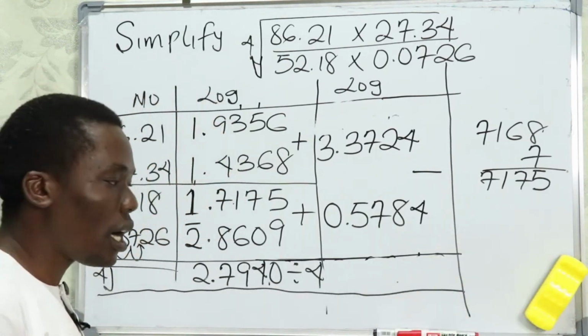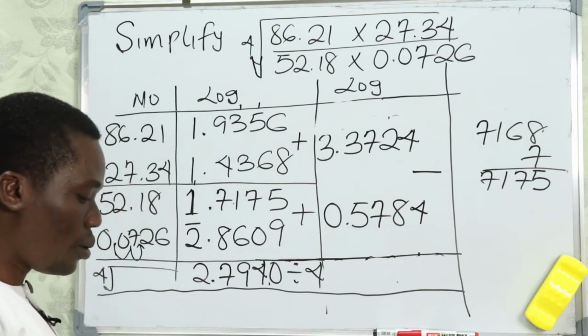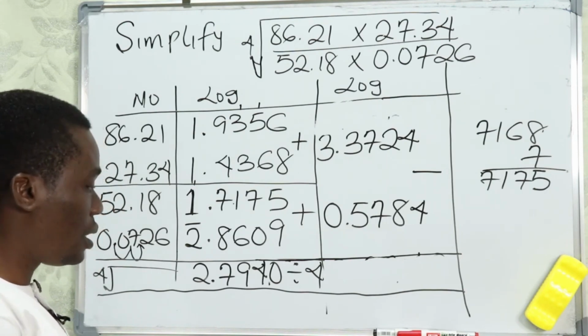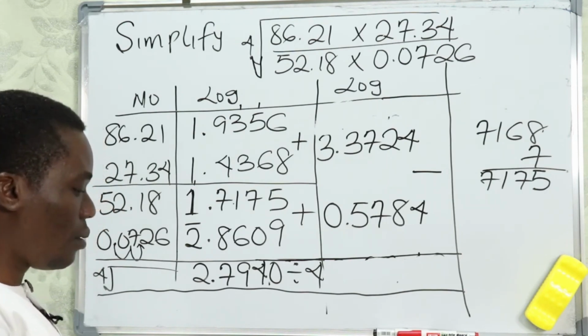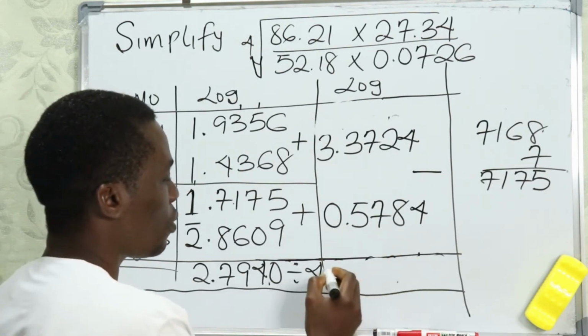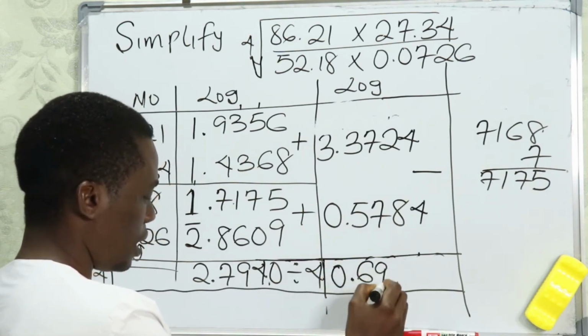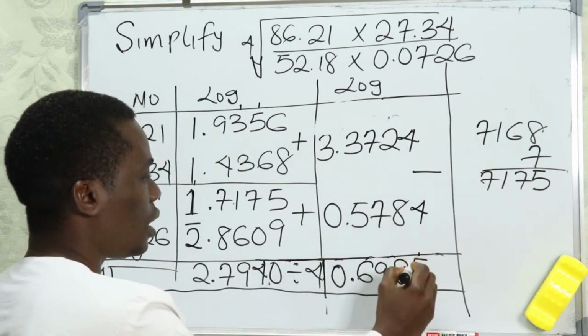Now let's use our calculator to get a very good value. So we are going to have 2.7940 divided by 4, and that will give us 0.6985.